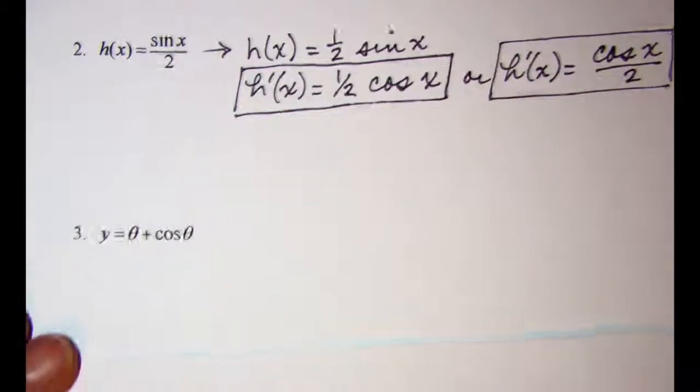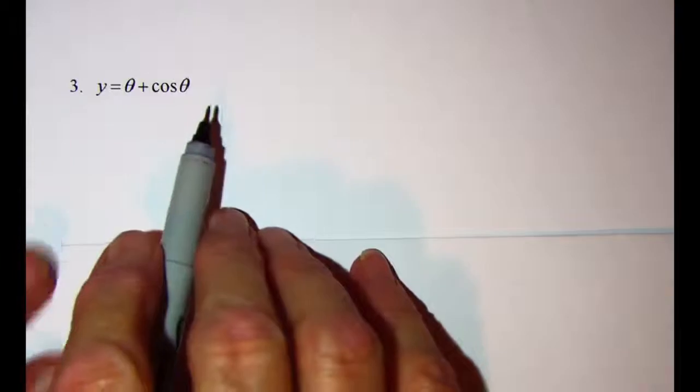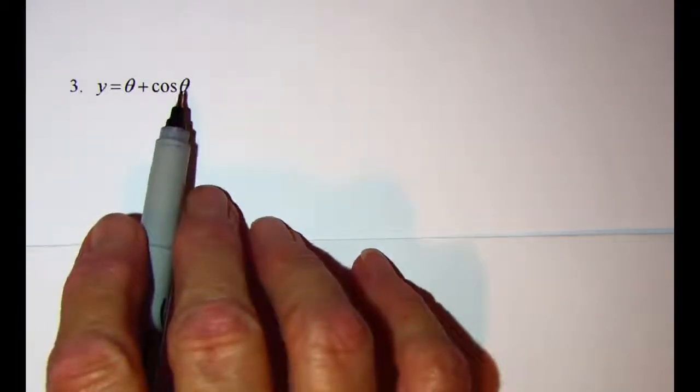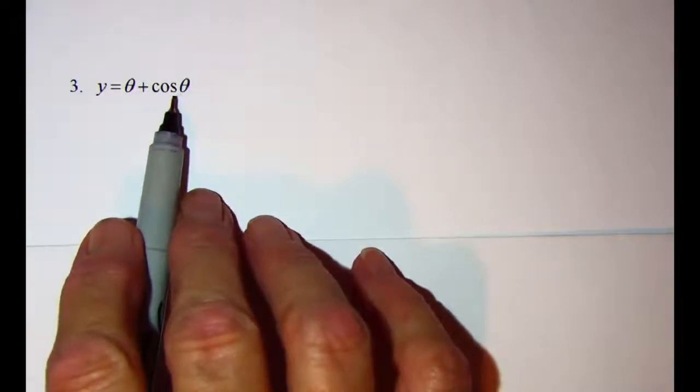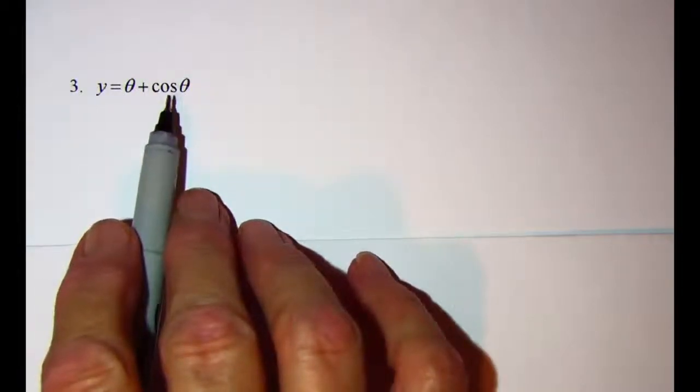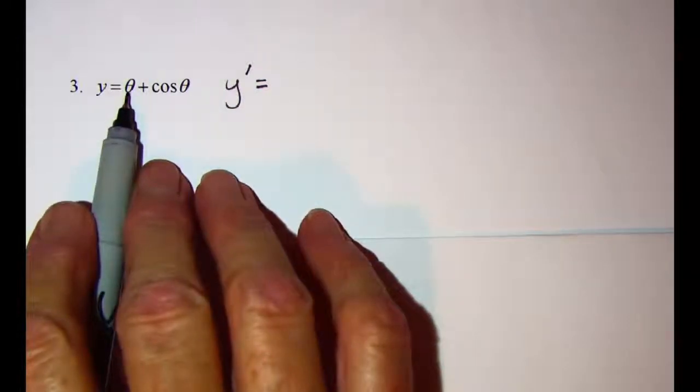My next example, now notice that this theta is just like x, so it's my variable x. If it bothers you having theta here, you might want to work it out with an x in these spots and then change it back. So my derivative, y prime, is going to be my variable theta.